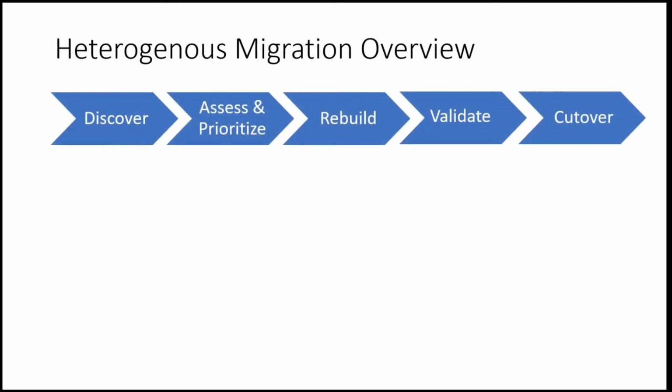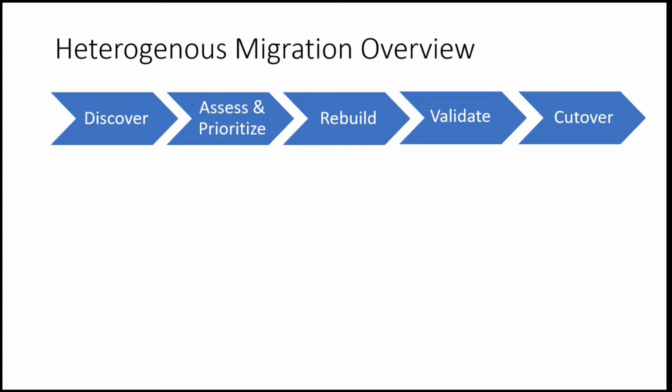So here's a quick overview of the steps that you need to go through for heterogeneous migration. You'll start with discovering your workload. So, how many collections, what's the data size, document or row count, and so on.